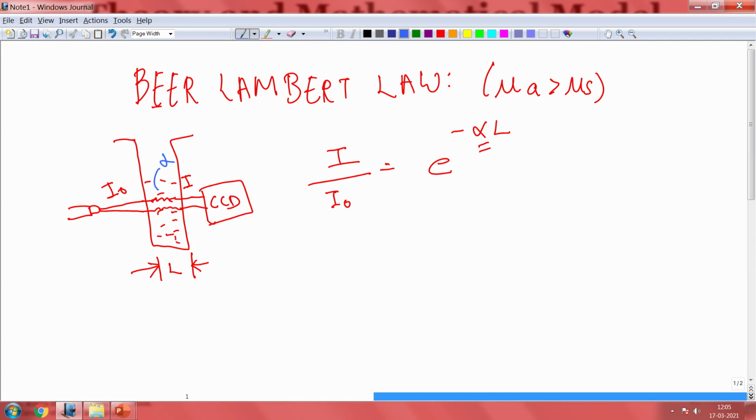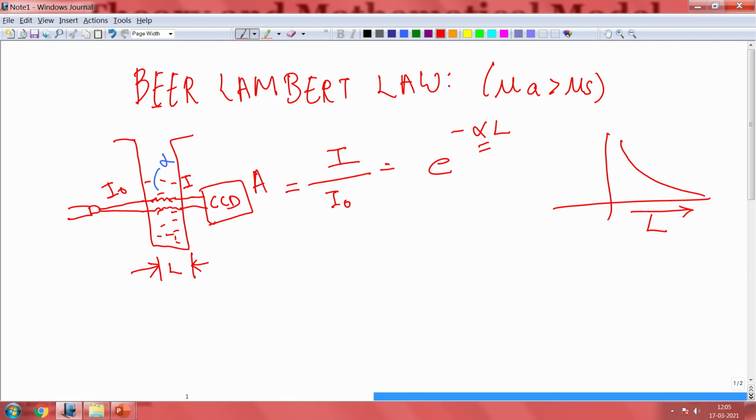As you can see over here, if you plot it, as the length of the tube increases, you will see an exponential decay of the optical density. It is also known as optical density, that is a log of the ratio, or you can also call it, it might not be the correct way to define the optical density, you can also call it a kind of attenuation.